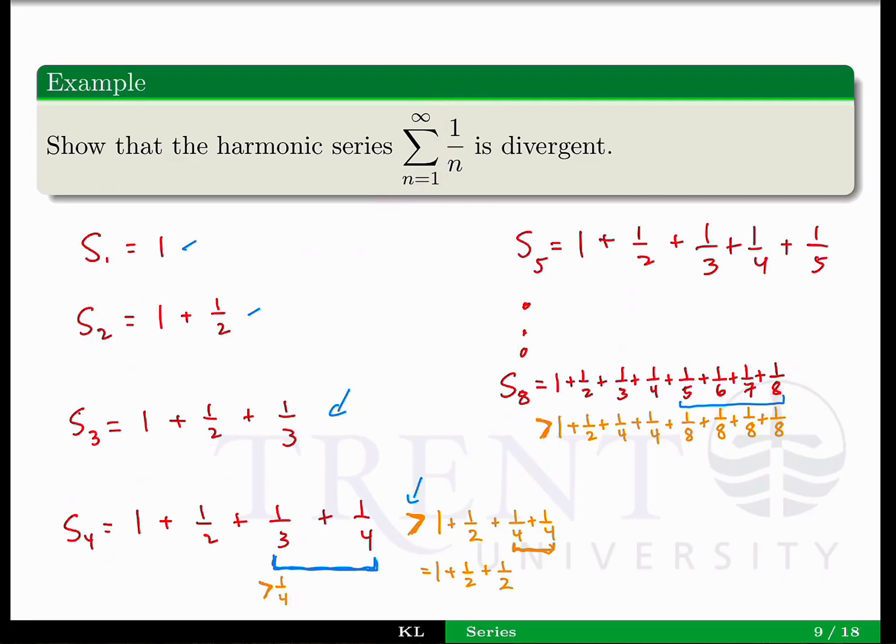If we simplify, this is equal to 1 plus 1 half plus 1 half plus 1 half.